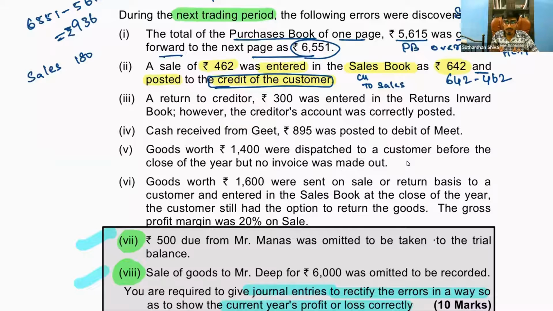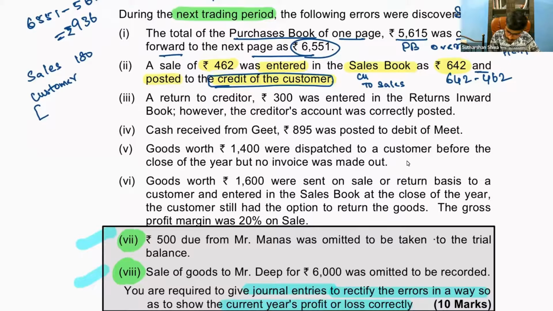Actually, it should be there. For sales, I have rectified it. For customer, I should debit it. What I need to do first? Customer, I should debit it. So customer account, I will debit it by putting what is the value they have done? 642. Correct? 642. Okay. Then just a minute.